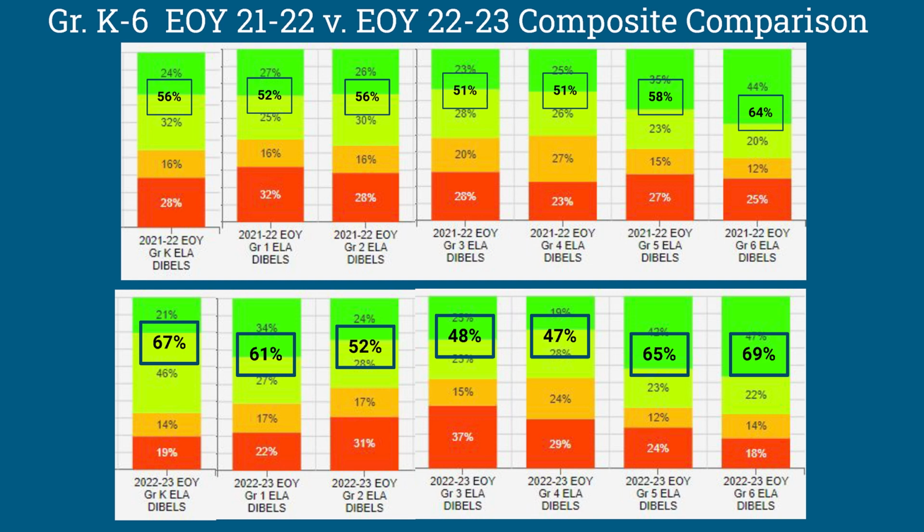You can look at this diagonally, so you can say that kindergarten last year in 2021 ended at 56% of them being on grade level, and this year in first grade, 61% of them. So there was an increase there. There was an increase from first to second grade, pretty much stayed the same, 52% of the kids being on level. Second grade, there was a drop.